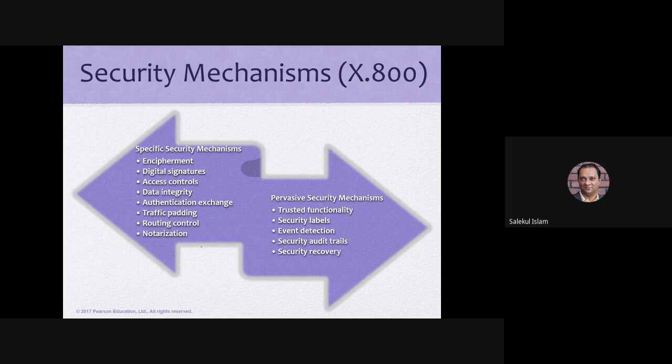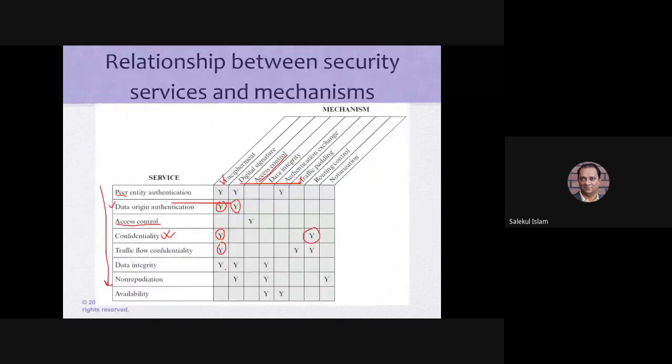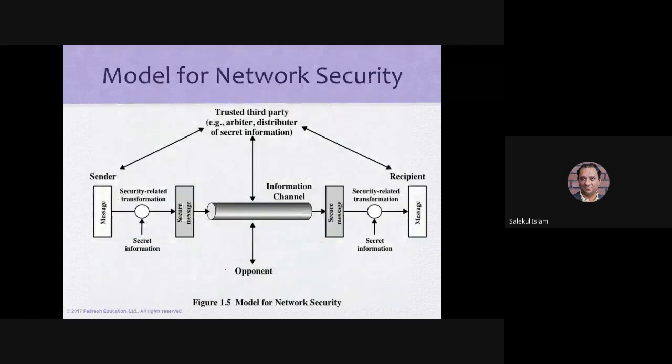So here we have listed some security mechanisms. I think we have already explained some of them: encipherment, digital signature, access control, data integrity. And then we explained the relationship between security services and the security mechanisms.